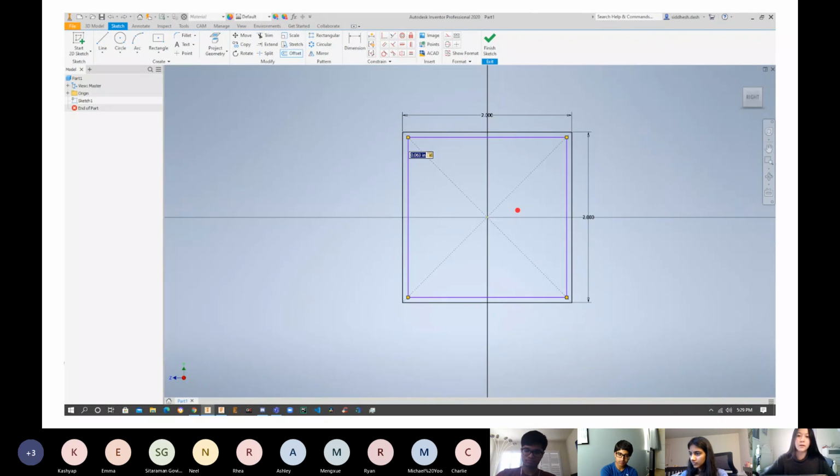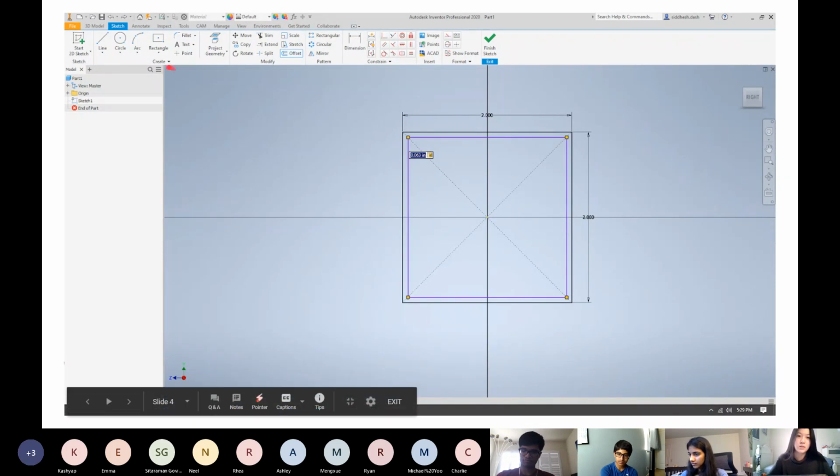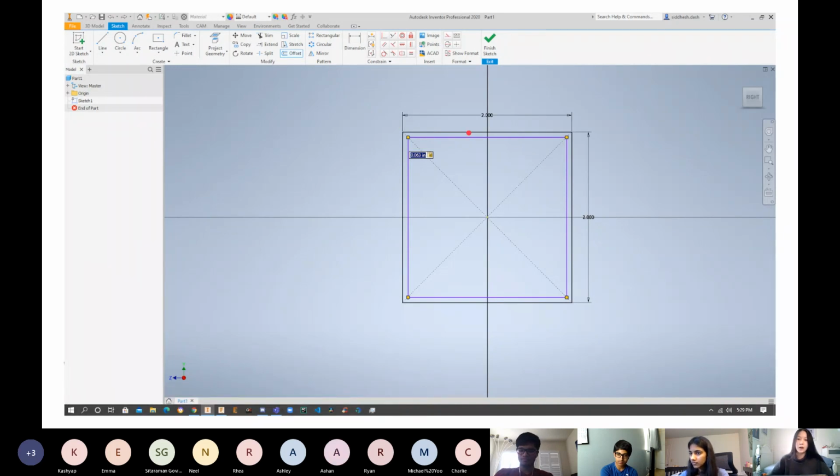On this slide, this is using the offset tool. So by offsetting this square from the original one, your part will change. If you set a distance between the 2 squares, the size of the second square will change in correspondence with the first square. So this is good because often you'll have to change the dimensions for parts when you're iterating your designs.